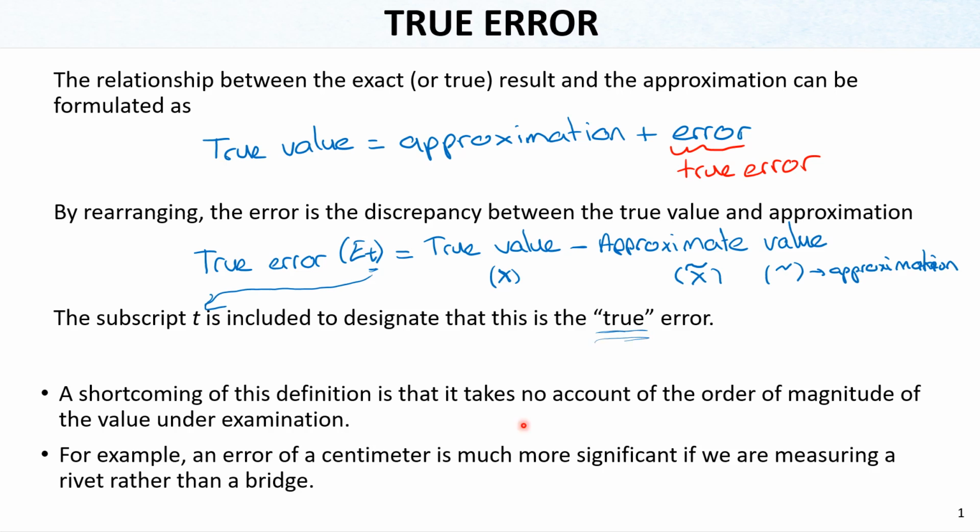So this is a good definition of error actually, but there is a shortcoming of this error definition because it doesn't take account the order of magnitude.